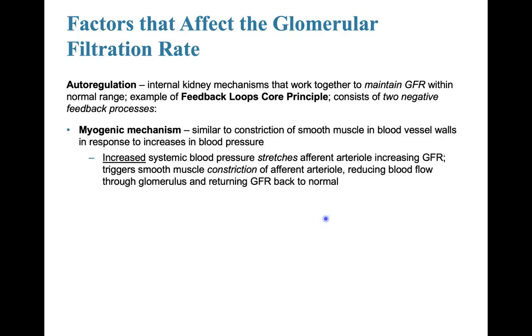This is similar to the constriction of smooth muscle in the blood vessel walls in response to an increase in blood pressure. So an increase in systemic blood pressure stretches the afferent arteriole, increasing the GFR. This triggers smooth muscle constriction of the afferent arterioles, reducing blood flow through the glomerulus and returning the GFR back to normal.